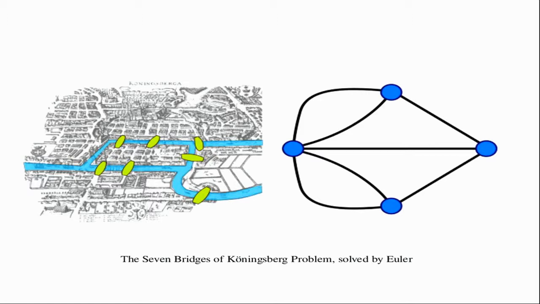And he negatively solved it, in that he said it was not possible, and inadvertently invented topology, which ultimately became our graph theory. Here is a topological representation of the topographical problem. You can see the four regions become blue dots, and the bridges become these black lines. That's an important conceptual abstraction to be able to reach when understanding computer networks as topologies.